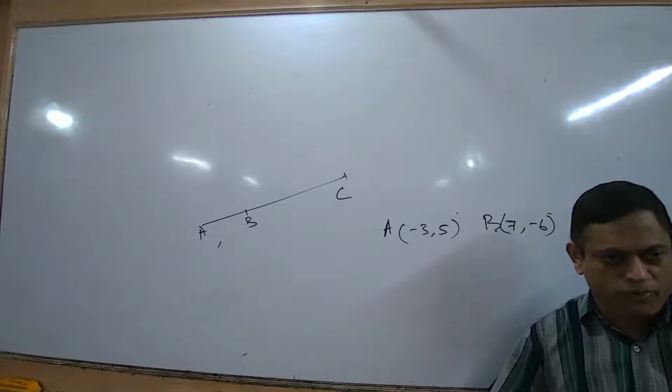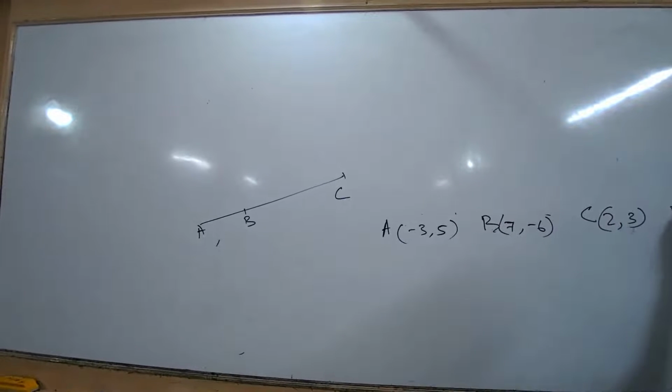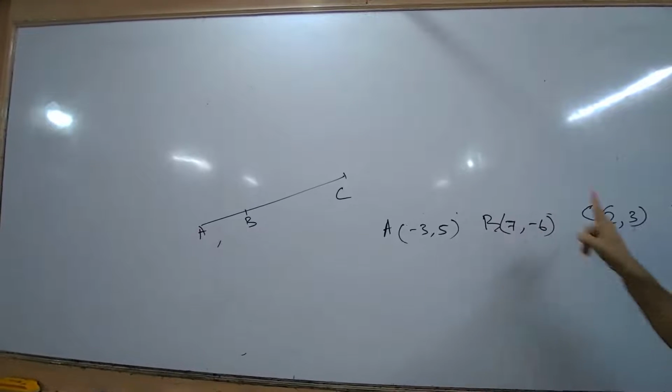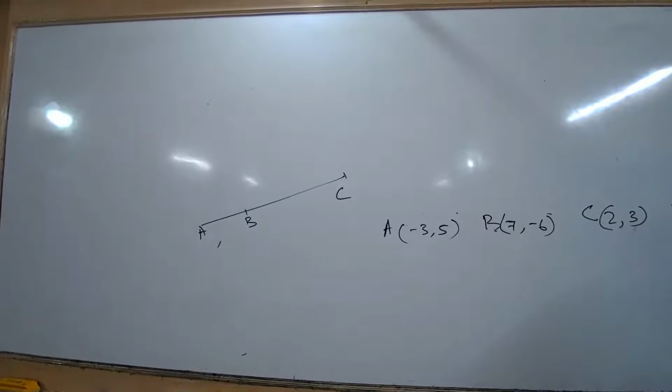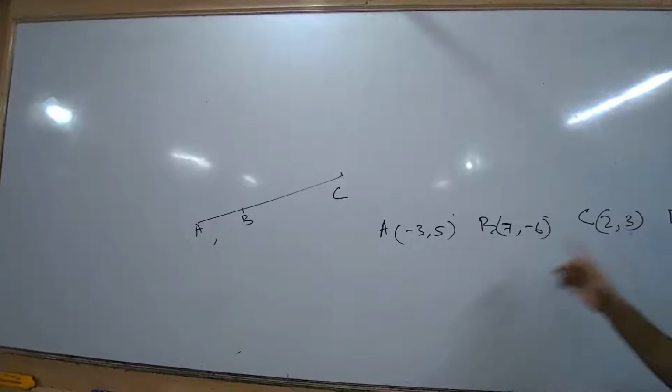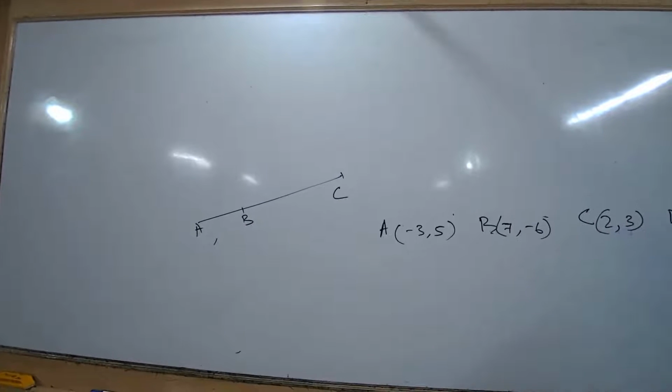Like this, one more point may be given, D equal to, let's say, (7, 6). The question will be to verify whether it's a parallelogram. Find AB, BC, CD, and AD. Then if AB is equal to CD and AD is equal to BC, it is a parallelogram.